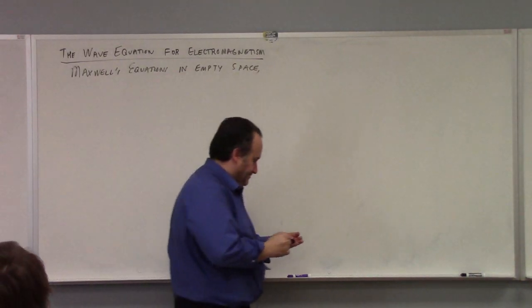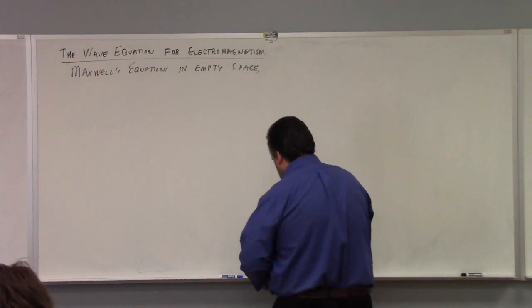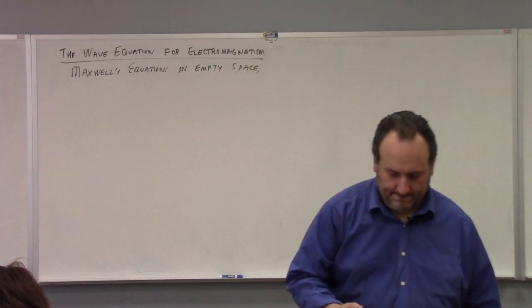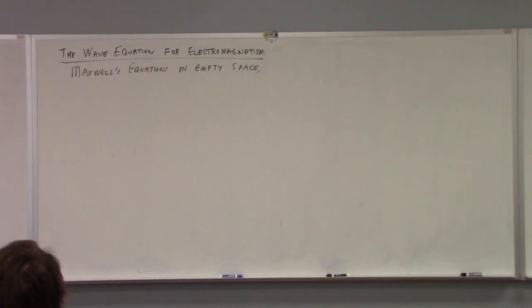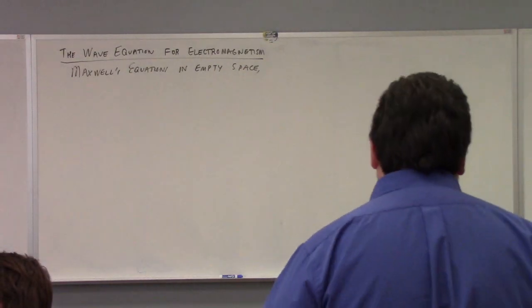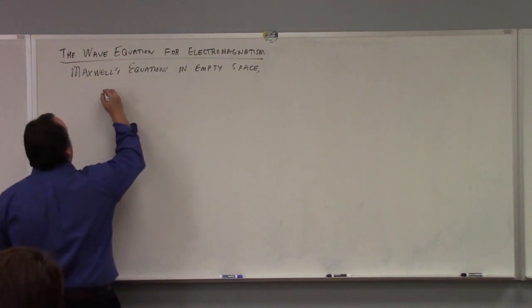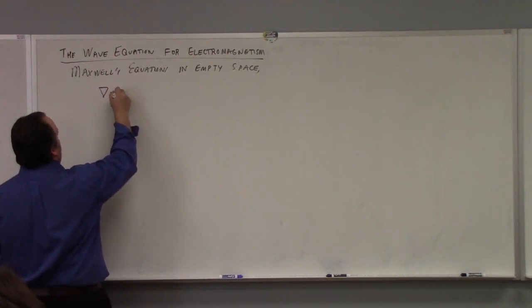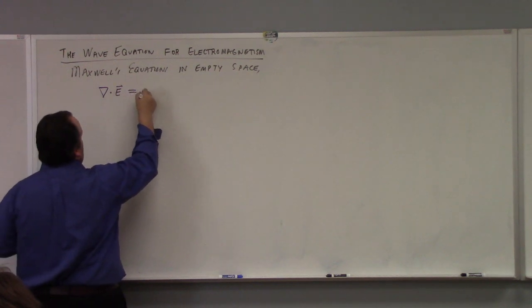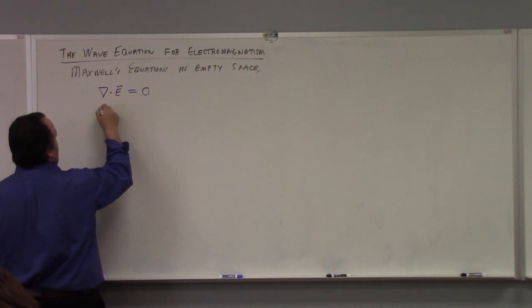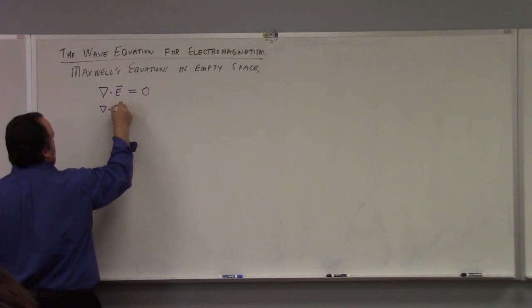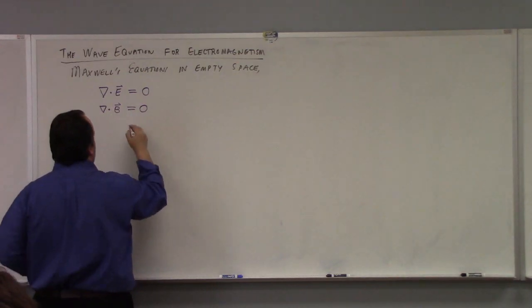So what are those? The divergence of the electric field is rho over epsilon naught, but in empty space there's no charge, so rho is 0. So the divergence of the electric field is equal to 0. The divergence of the magnetic field is equal to 0.